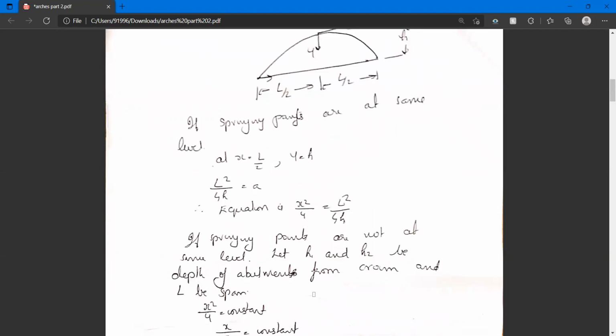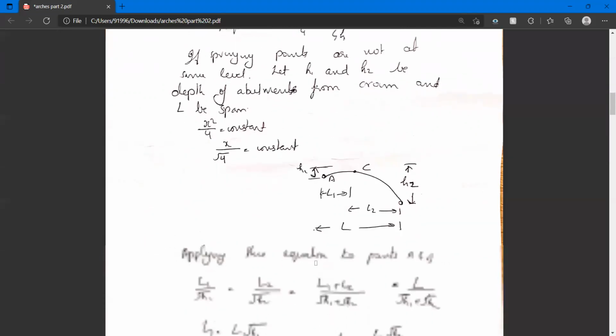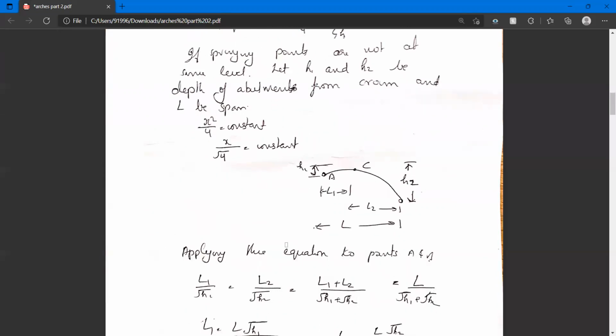Suppose springing points are not at the same level. Let h1 and h2 be the depth of abutments from the crown and L be the span. Then we know the equation x square by y equal to constant. Taking x equal to L1, y equal to h1, and x equal to L2, y equal to h2, we can write L1 by root h1 is equal to L2 by root h2.